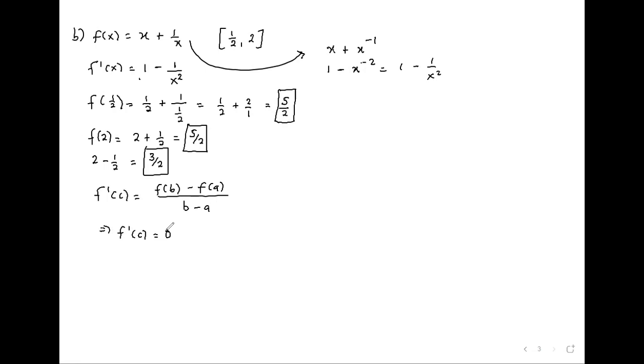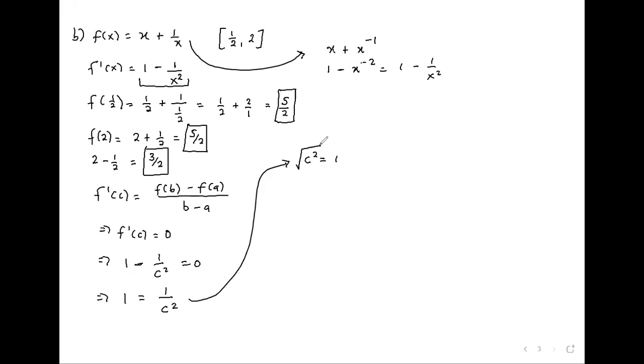Then we go to f prime and substitute where there is x. We put a c there for us to be able to find what that c is. So we're solving an equation of this nature, c squared. We cross multiply, we get c squared is equal to 1, and then square root. So we'll have c is equal to plus or minus 1.